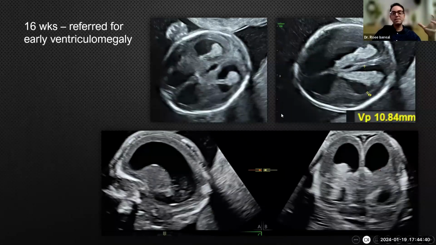However, we know that at 16 gestational weeks, we should have ventricles at around 6 to 7.5 millimeters. Furthermore, if you look at the parasagittal image of the hemisphere, it's ballooning up. There's a lot of fluid, a little bit of thinning of the parenchyma, and most importantly, the choroid plexus are shrunken and dangling. So for us, this is ventriculomegaly. I don't use the calipers. Whether it's 10.8 or 9.7, this is an early ventriculomegaly for sure.